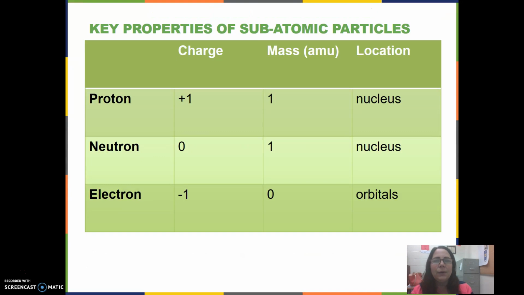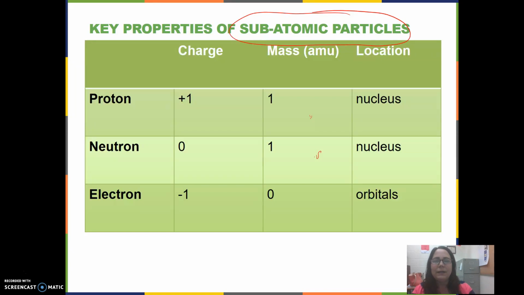And what you need to know about each of the subatomic particles is their charge, their mass, and their location. I really don't care that much about the mass, except I just want you to realize that the protons and the neutrons have the same mass, and an electron is practically zero compared to the mass of a proton and a neutron. In other words, the electron has the smallest mass, and it's practically weightless.